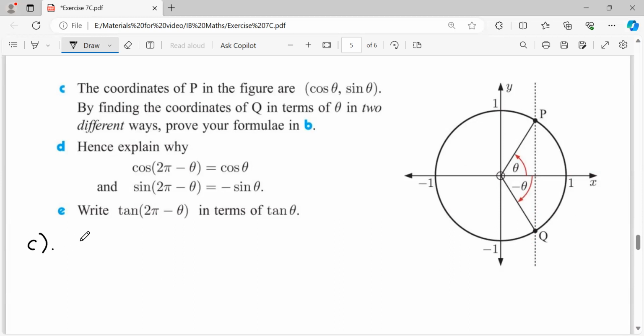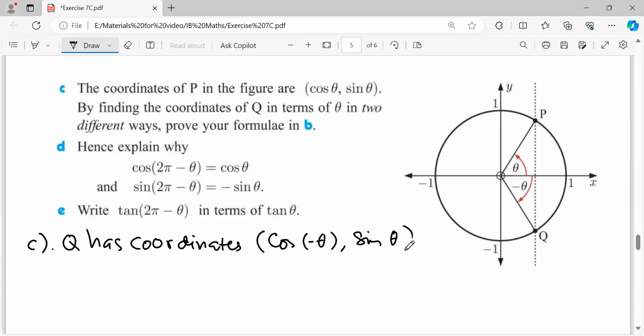See that Q has coordinates (cosine of minus theta, sine of minus theta), or (cosine theta, negative sine theta).